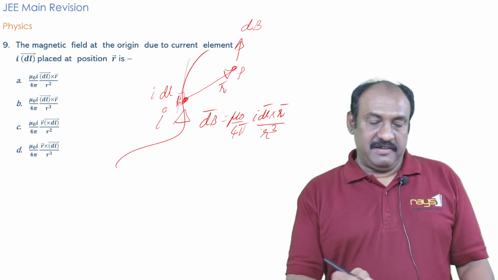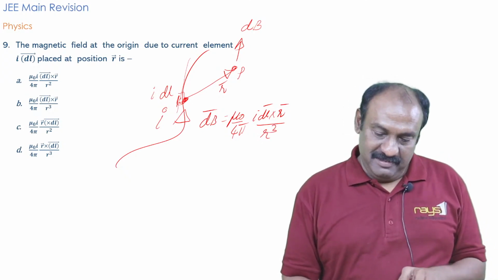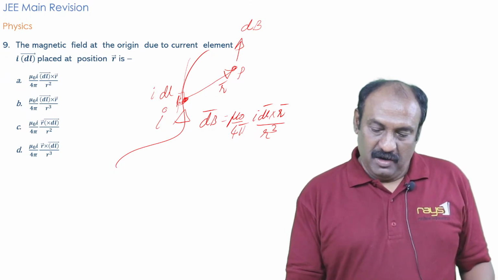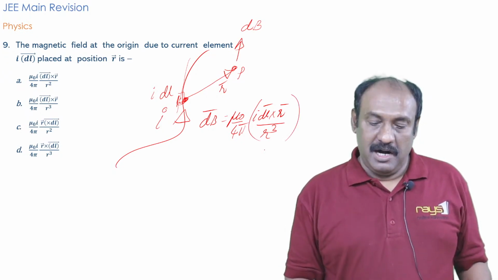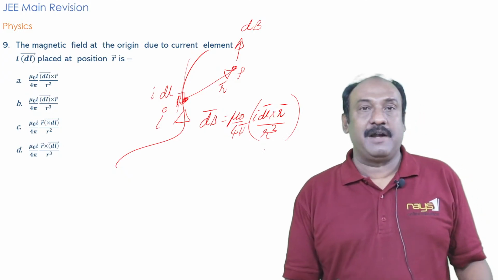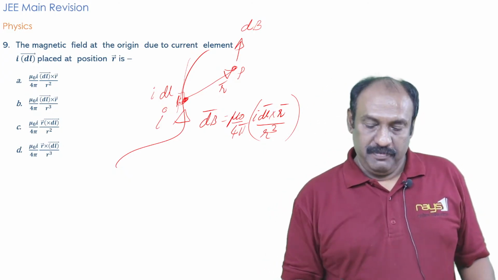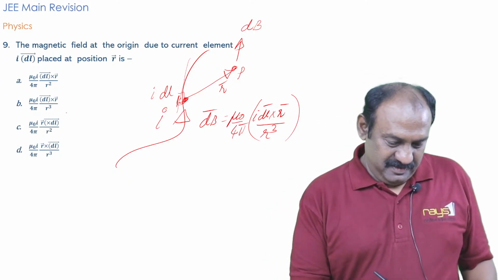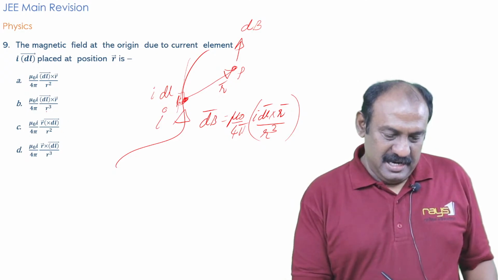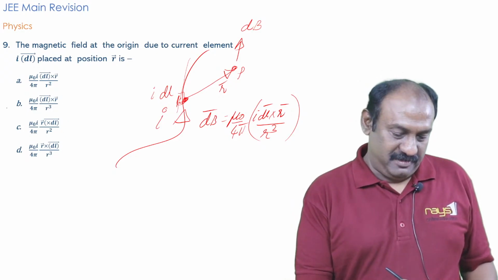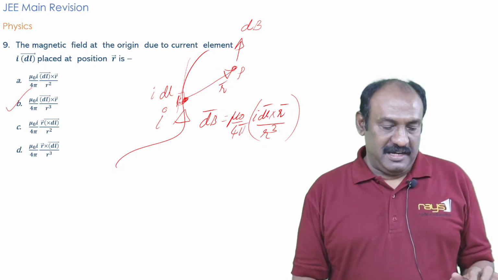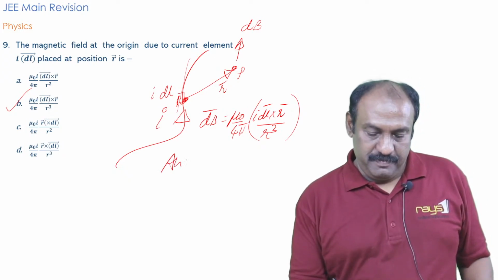This is the equation for question number 9. So see the options. Always you have to consider it as mu naught by 4 pi into I dL bar cross R bar by R cube. So answer is B for question number 9.